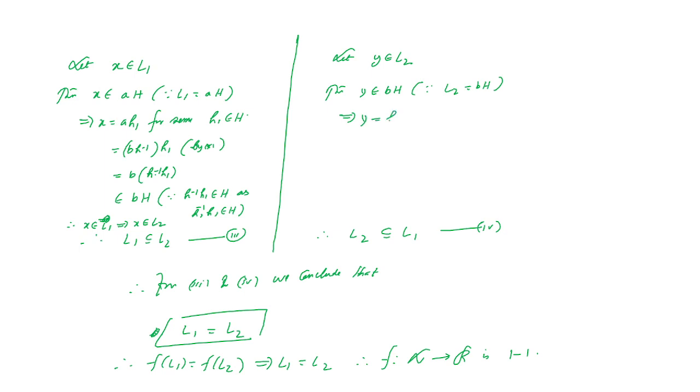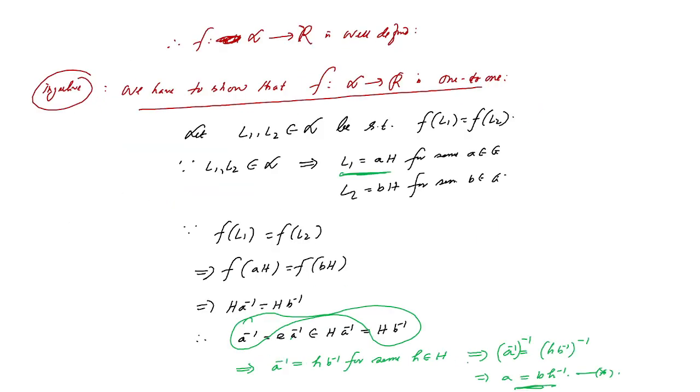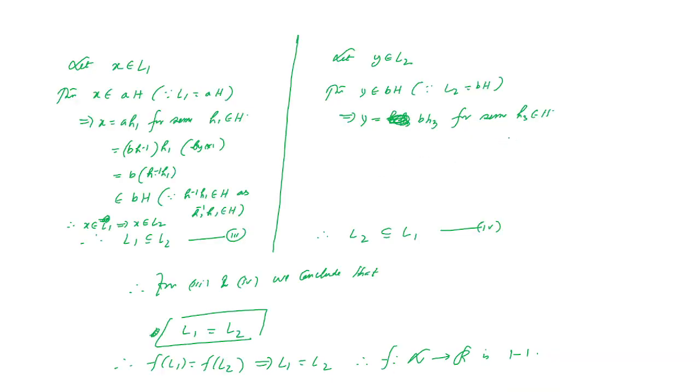That means we can write Y equals BH3 for some H3 belongs to H. Now BH3, that we can write, since A equals BH inverse, that means B equals AH.